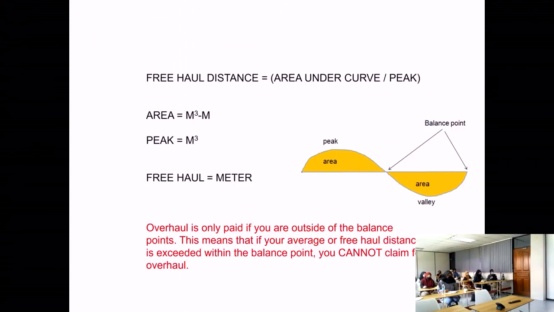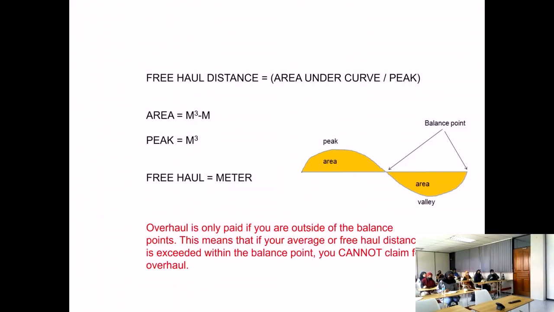Area under the curve is meter cube meter. X multiplied by y gives the area. Okay, say this is y, this is x, it gives the area below. X multiplied by y gives this area. So that's why this is meter cube, distance is meter, so meter multiplied by meter cube.